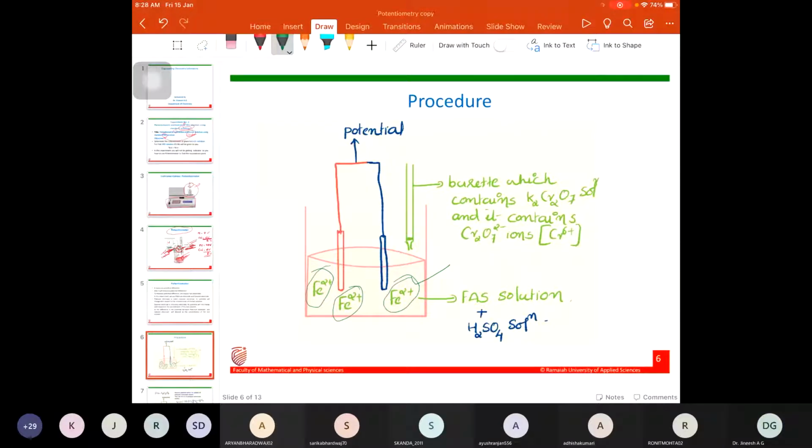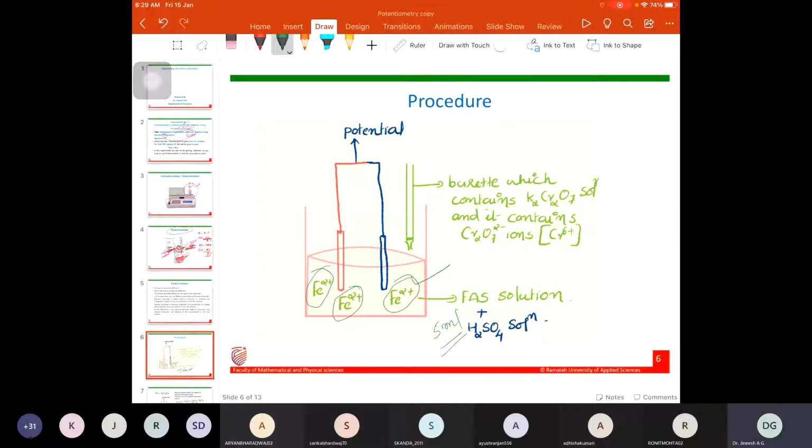So this solution contains a good number of ferrous ions, which are Fe2 plus ions, that you have taken in the beaker. Into this beaker, we have to add 5 ml of dilute sulfuric acid solution. Why are we adding dilute sulfuric acid? Reason is this. Here we are going to perform a titration experiment, which is a redox reaction. All of you know what is redox reaction. Am I right? Yes, sir.